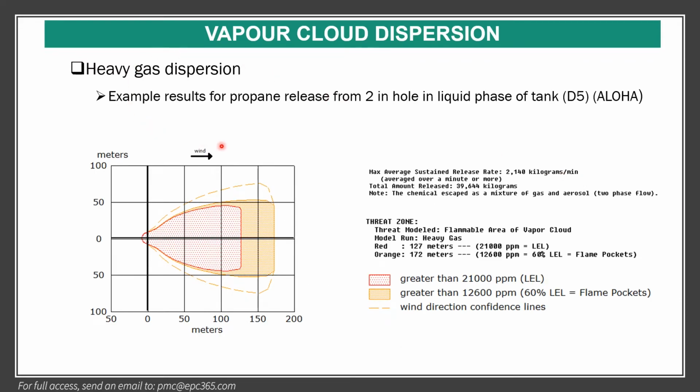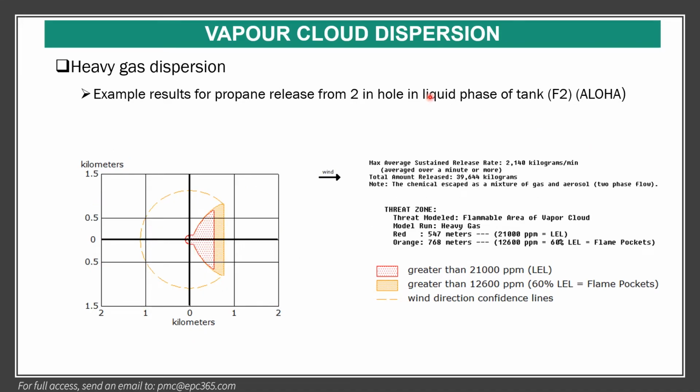So for heavy gas dispersion, an example is release of propane from a 2-inch hole in the liquid phase of a tank, with stability class D and speed 5 in ALOHA. You can see here that 60% of the LEL goes up to 170 meters.